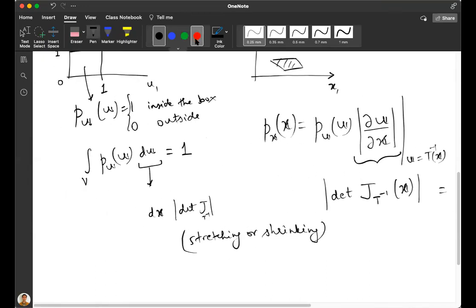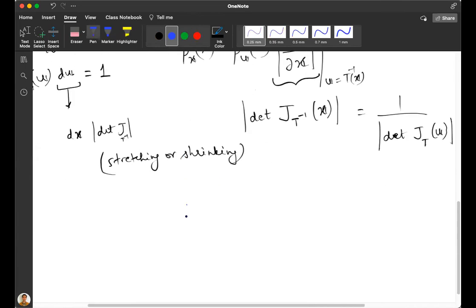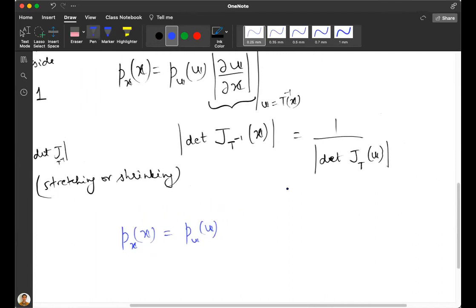So basically we have derived some very important formulas here. Let me write them down again. What we have derived here is P_X(x) is basically equal to P_U(u), these are the vectors, times the absolute value of the determinant of the Jacobian of T inverse at x, right? Where here u should be equal to T inverse x.